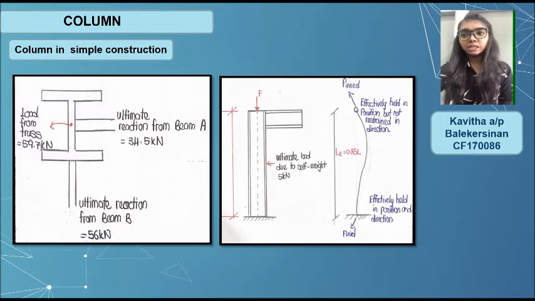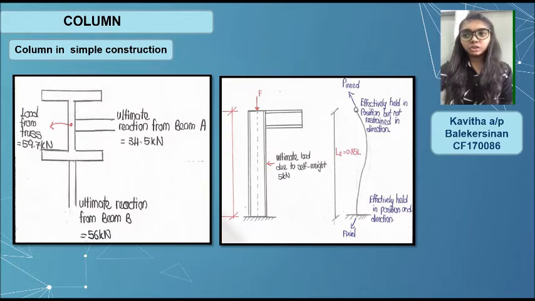So here in the calculation we used the simple construction method, where we have two beams connected to the column face, beam A and beam B. For beam A the load is 34.5 kilonewton and beam B is 56 kilonewton, and we also have load from the truss, which is 59.7 kilonewton.